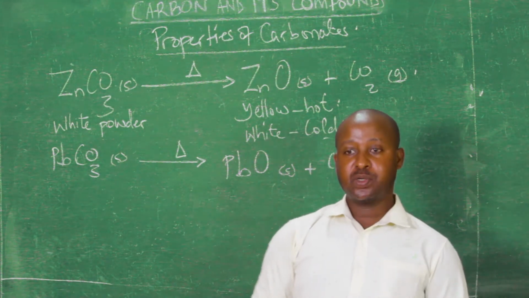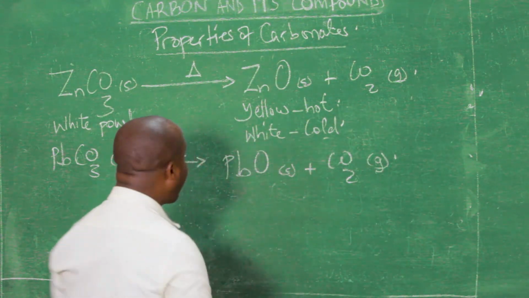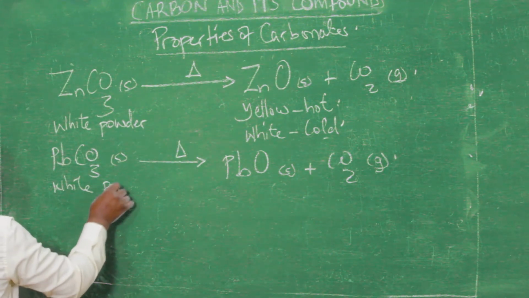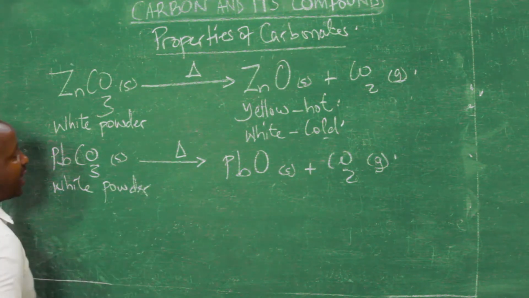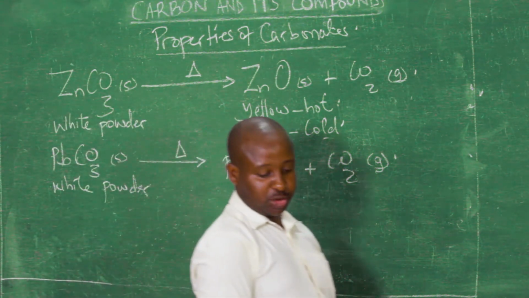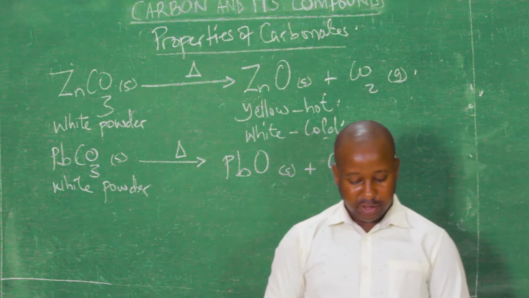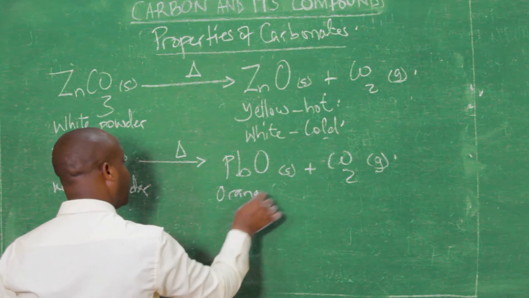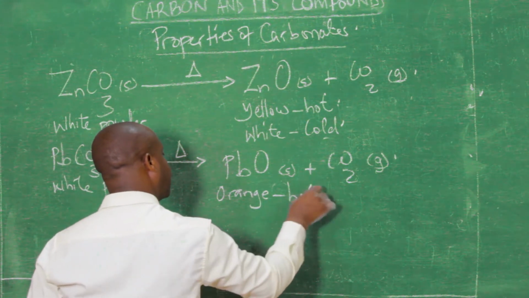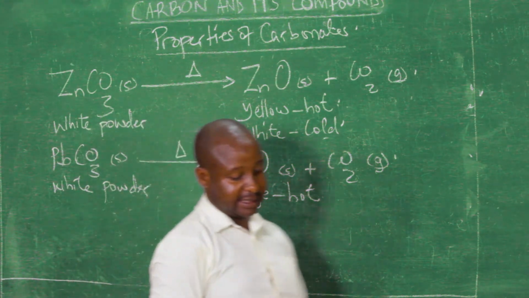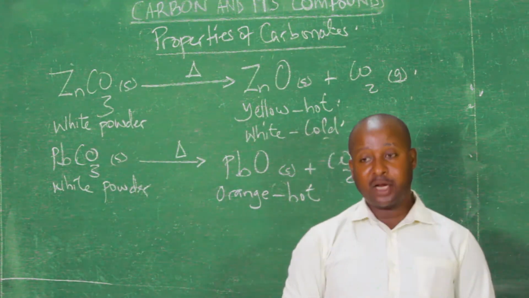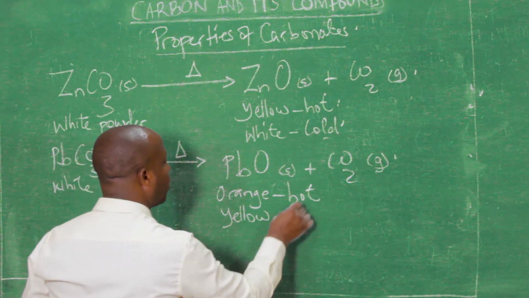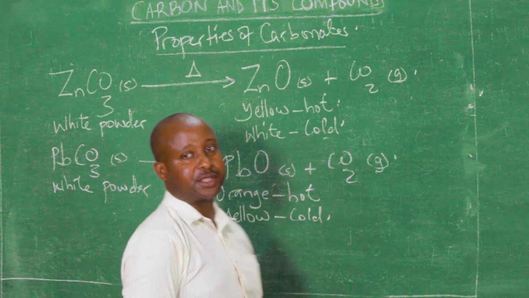Lead carbonate is a white powder, and lead oxide is orange when hot and yellow when cold.